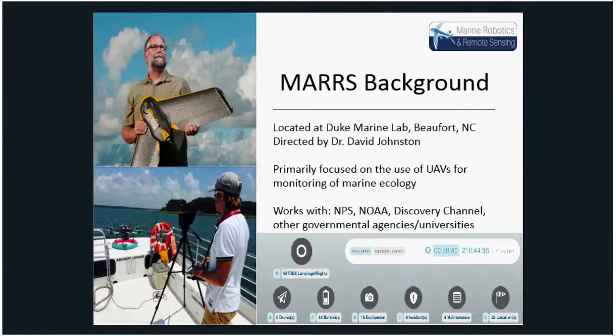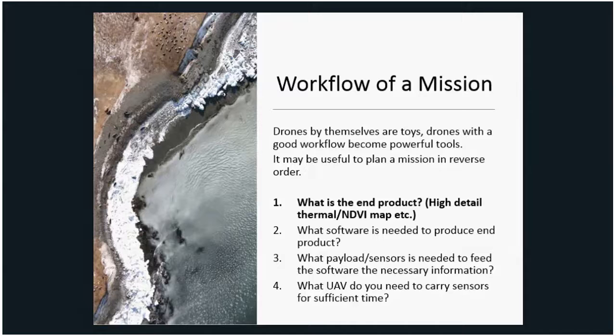So what I'm really talking to you about today is how we can transform what were historically hobby toys into very powerful tools for conservation. And one of the things we've really found at the lab is that we have to plan a mission in reverse order, as in we have to think about what the end product is and the steps we need to get to that end product before we start thinking about the UAV we want to buy.